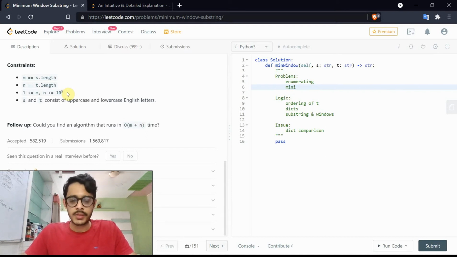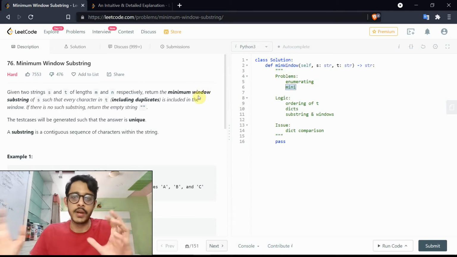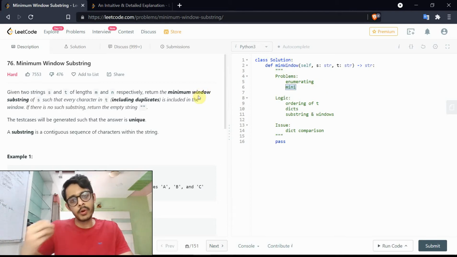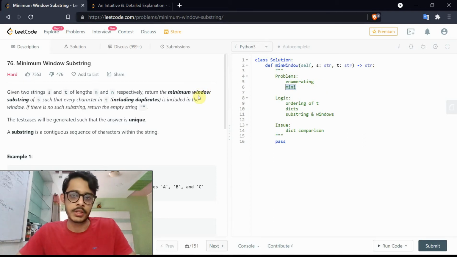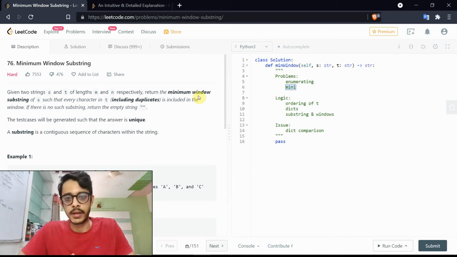Okay, what's the second problem it wants us to solve? Once you have enumerated the possible valid windows or substrings, we want to find the minimum possible length of such a string. Okay, these are the two problems we'll keep at the back of our mind.